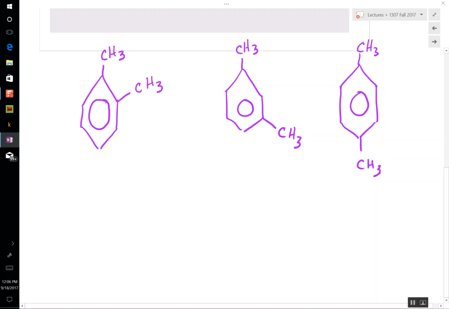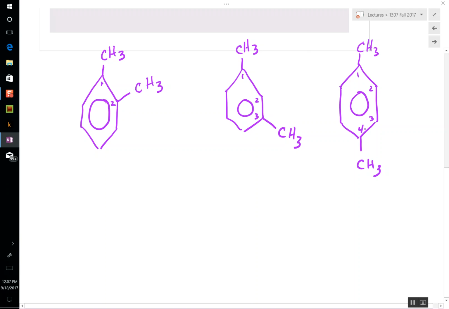So here we would count one of these as carbon number 1, and then go over to the next one as quickly as possible. I would move this direction, 1, 2. So this is 1,2-dimethylbenzene. This one is 1, 2, 3. This is 1, 2, 3, 4.